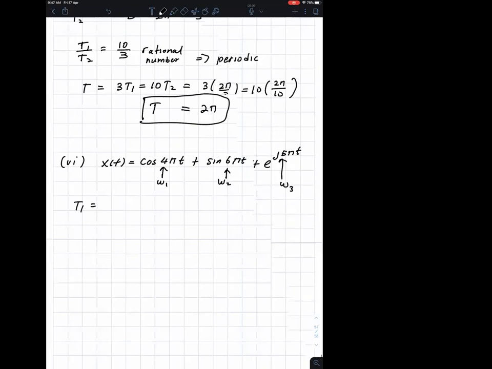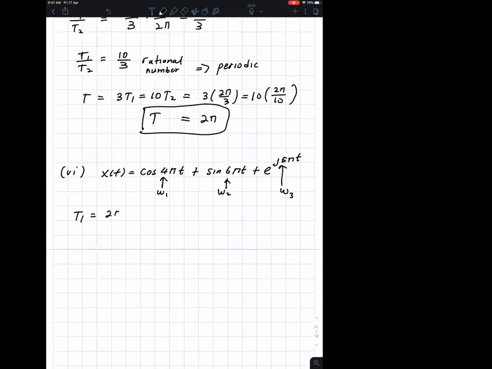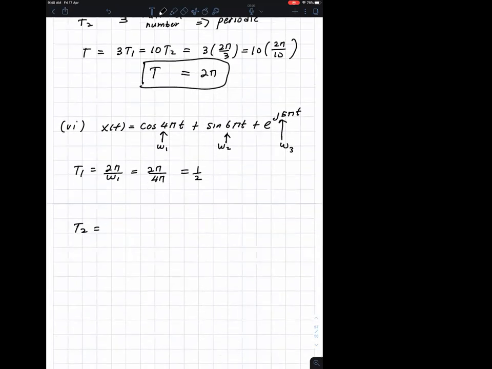Again, T1 is difficult to get confused. So T1 = 2 pi over omega 1, which is 2 pi over 4 pi, which is 1 over 2. Period 2 is 2 pi over omega 2, 6 pi, which is 1 over 3.